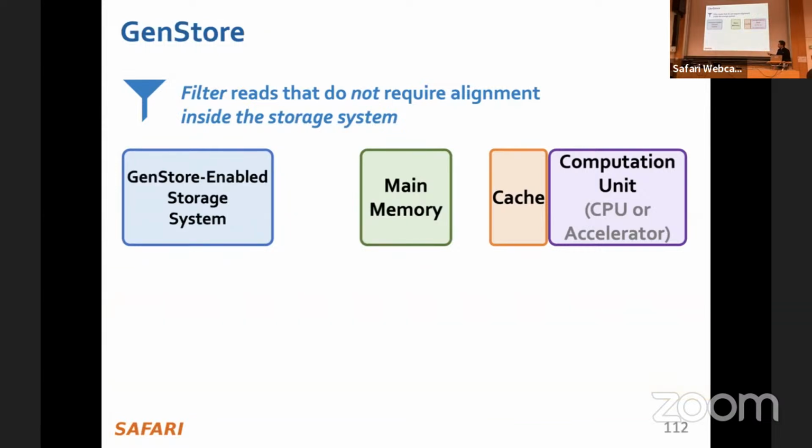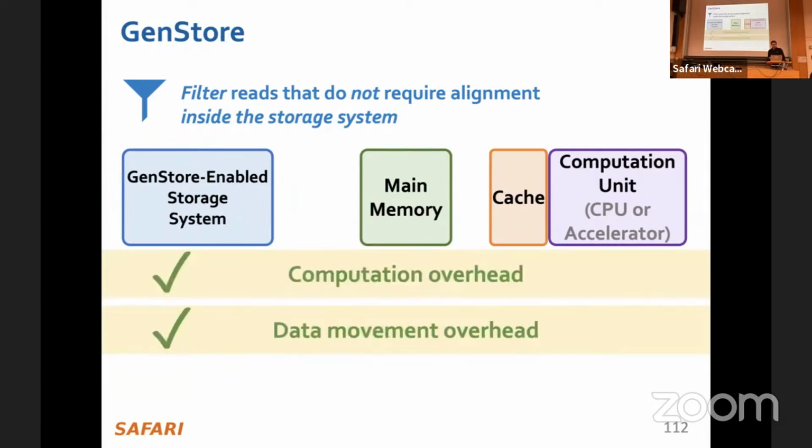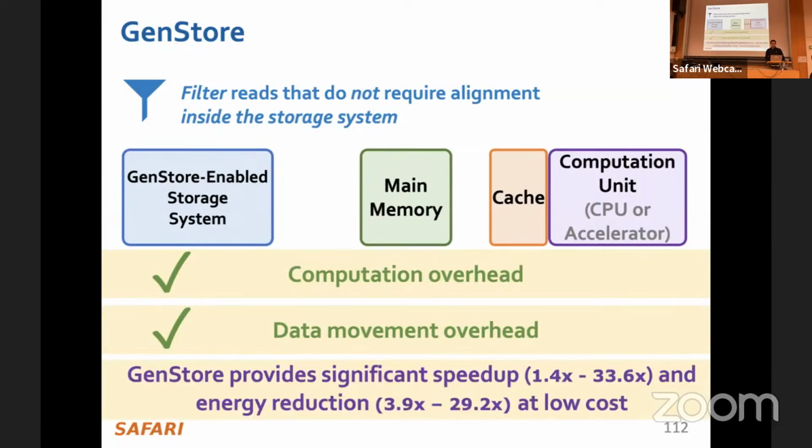By addressing these challenges, we propose a GenStore-enabled storage system that can do the necessary basic computation inside the SSD, and by doing so, we can reduce the computation overhead as well as the data movement overhead. By doing so, GenStore achieves a significant speed up and energy reduction.